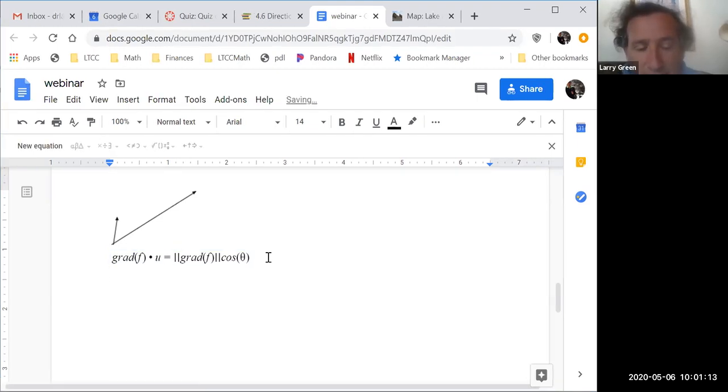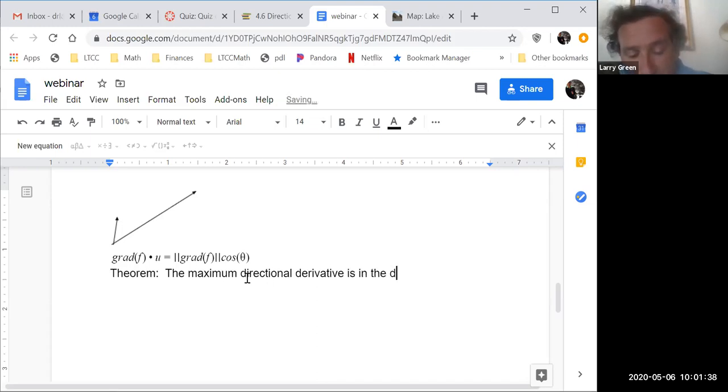So what we can say, let's write this down as a theorem, is that the maximum directional derivative is in the direction of the gradient of f.